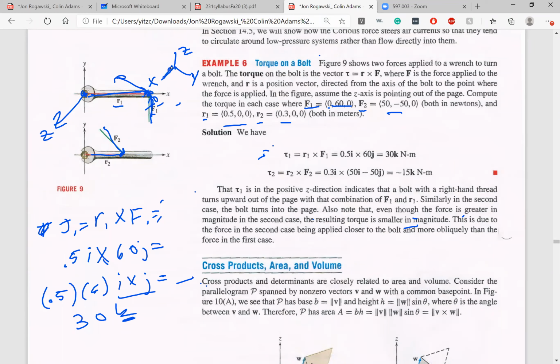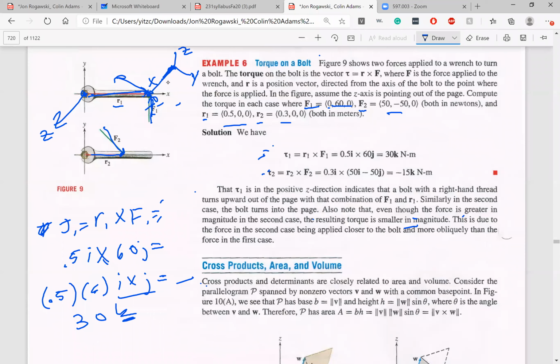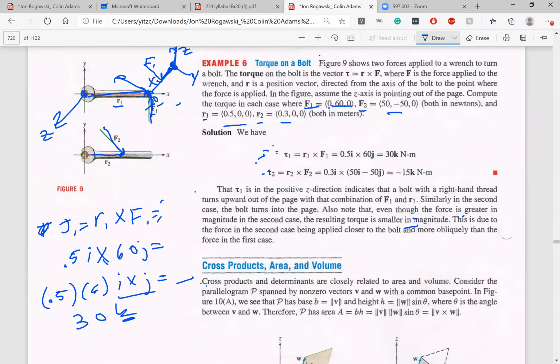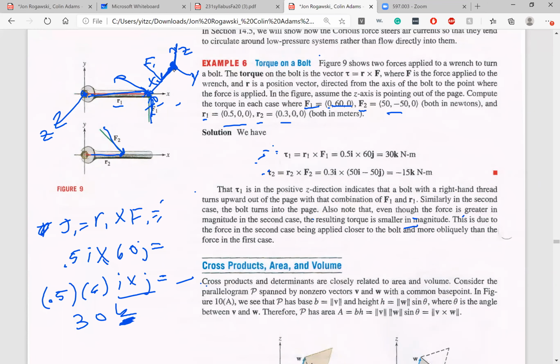So here's my wrench right over here, and the force being applied to the wrench is coming from the negative Y direction, something like that. Here's my F1. And what we ended up seeing is that the torque is in the Z direction. It's in the K component. It has 30 K components, so it's in the Z direction. Any questions about this?